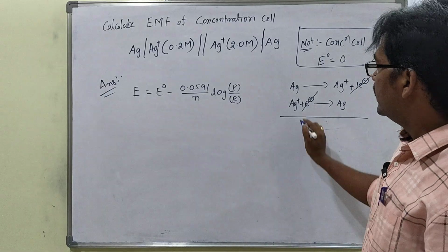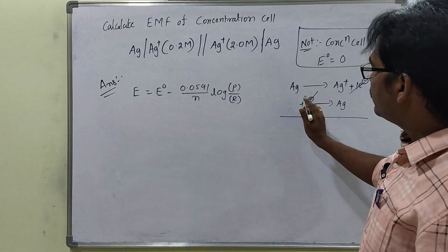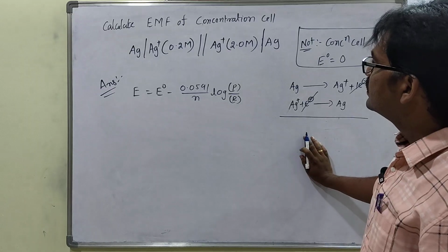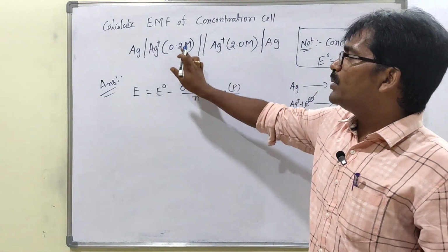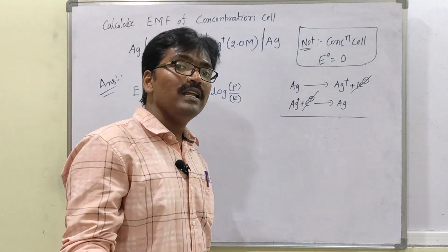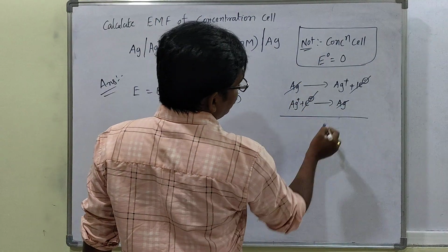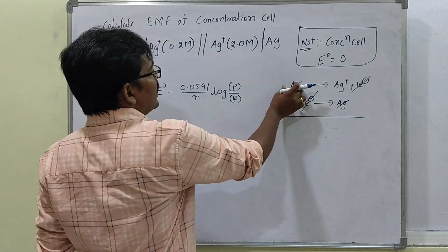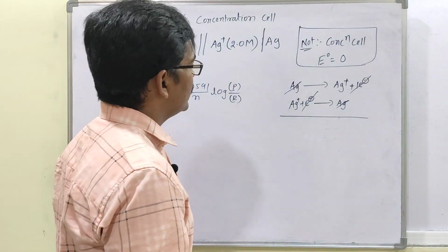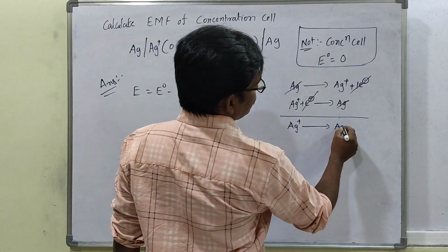The Zn²⁺ ions have different concentrations here, 2 molarity on one side and 0.2 molarity on the other, so they won't cancel. When the molarity is the same, definitely it will be cancelled. Zn will be cancelled because solids' concentration is taken as unity. Then Zn²⁺ gives rise to Zn²⁺.